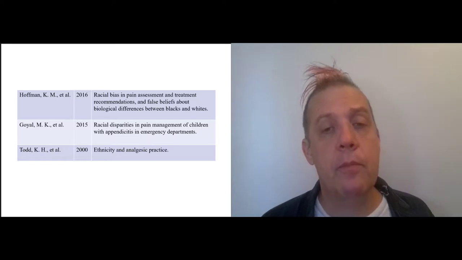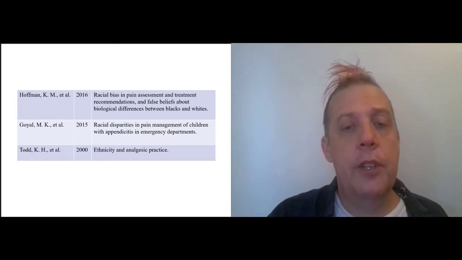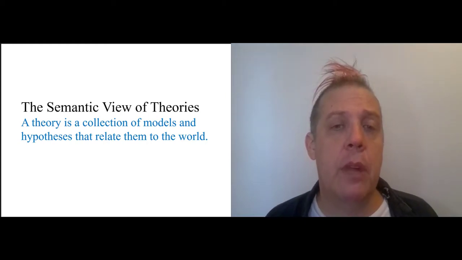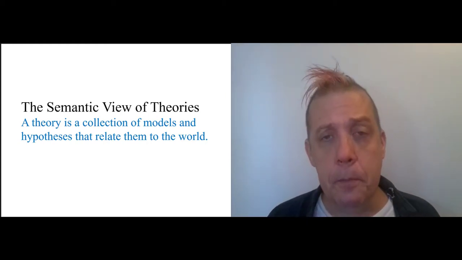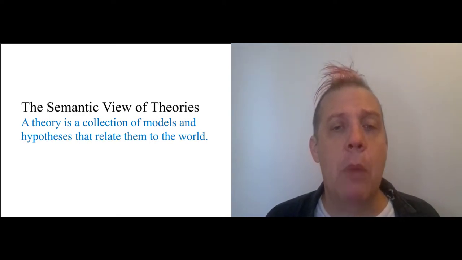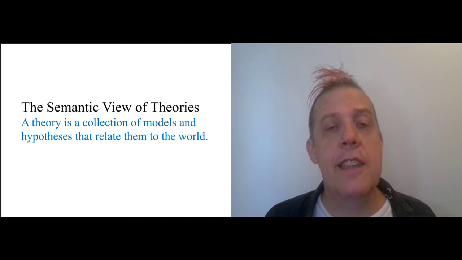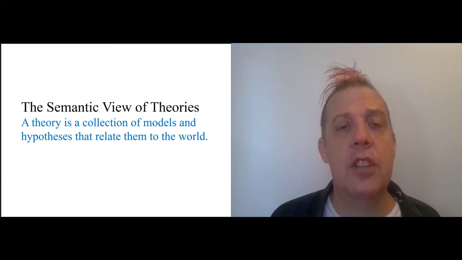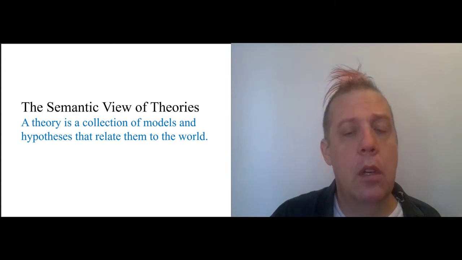And just to review, we're using what we call the semantic view of theories. And on this view of theories, the idea of a model is central. A theory is essentially a collection of models and hypotheses that relate them to the world.